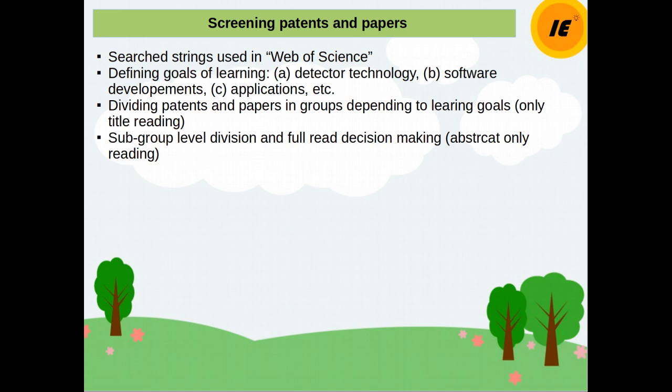Now, the first step in searching and screening patents and papers is to read the title of all the papers and patents that you have downloaded, and divide them into big groups.